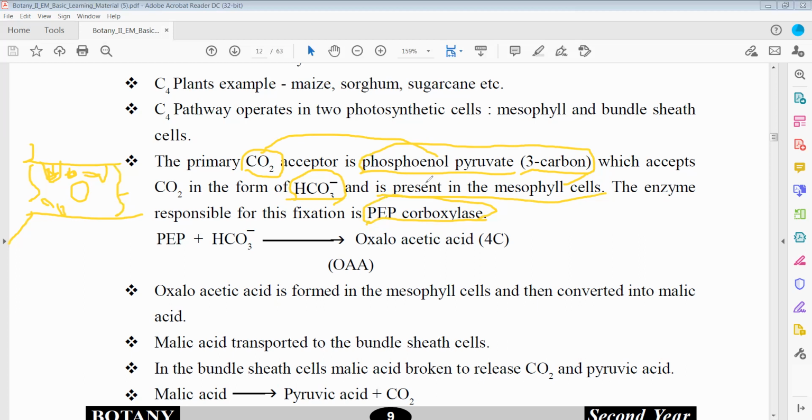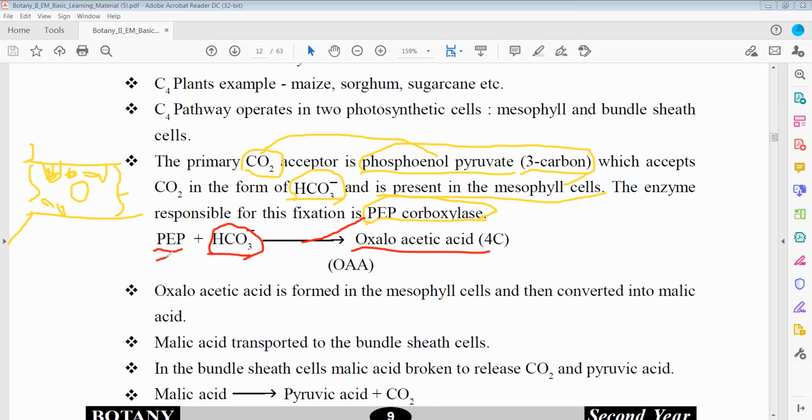Here you can see the chemical equation: phosphoenol pyruvate takes up the bicarbonate, HCO3, and the enzyme participating is PEP carboxylase. This PEP carboxylase converts PEP plus HCO3 into oxaloacetic acid.